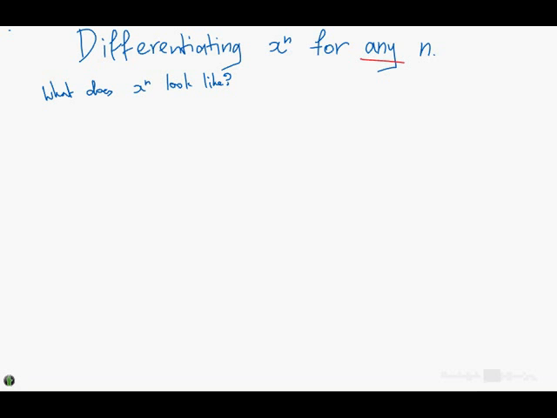So let's start. Obviously, x to the power of n could look like that. So for instance, x squared, x cubed, x to the power of 40, etc. x to the power of n also looks like this. It can look like this. It can look like that.